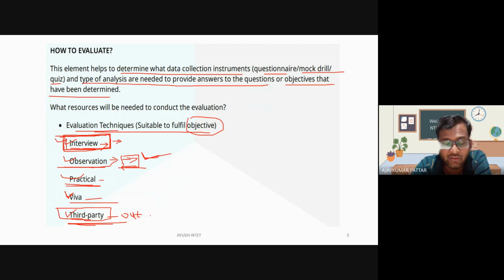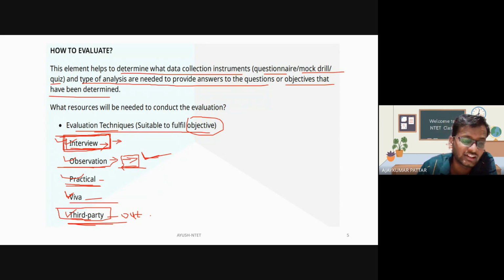They will evaluate it with third party persons. Third party persons means these persons do not belong to that program or scheme. These persons are external to it. They will evaluate that program or scheme and give the report.